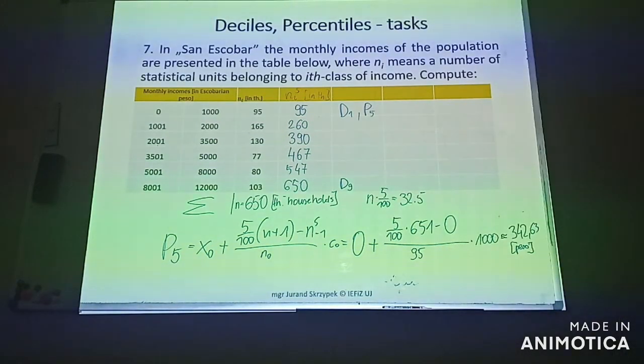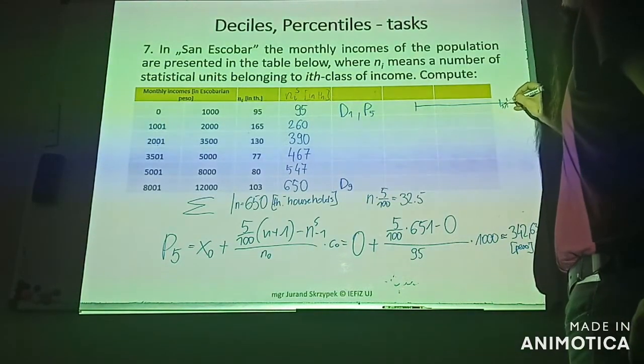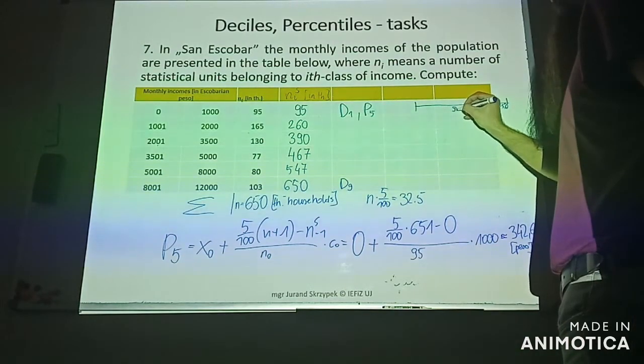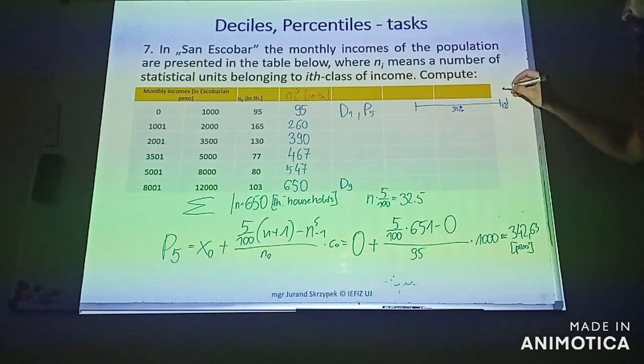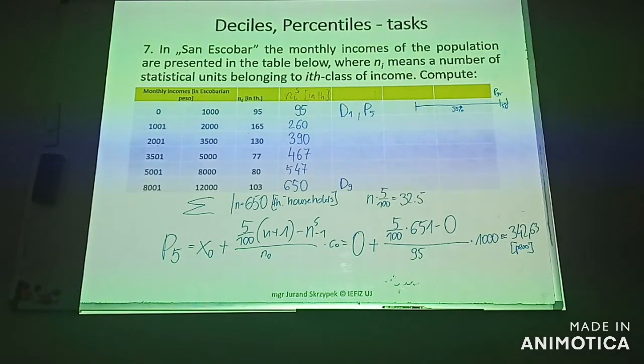It means that here we have the 5% of the most lucrative households, and here we have 95% of the rest of the households. So here I'm obligated to compute the 95th percentile.